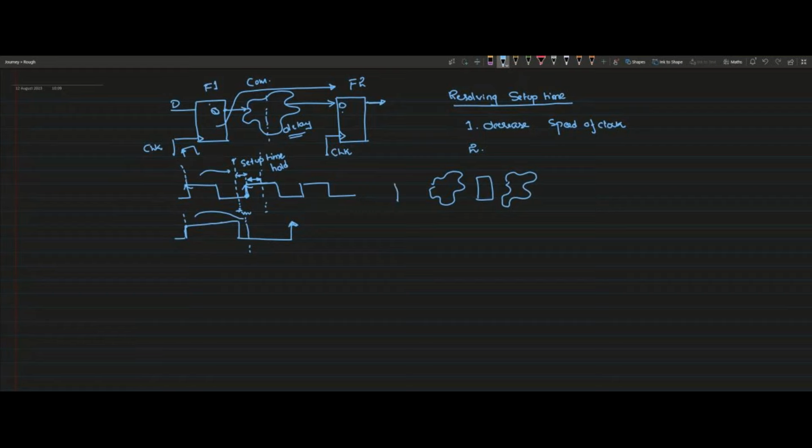So previously I had A and B, between which I was analyzing. Now I will split this logic into small chunks and introduce another flip-flop, so my timing analysis will be between A and C, and C and B. This mechanism we call pipelining.